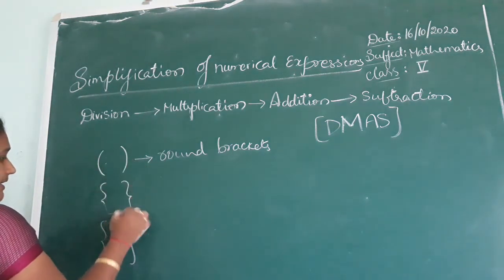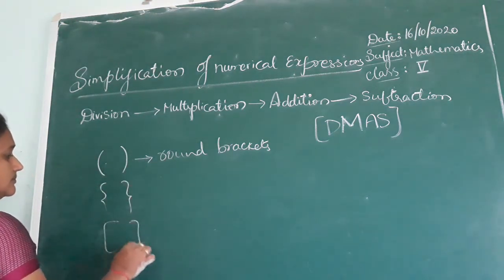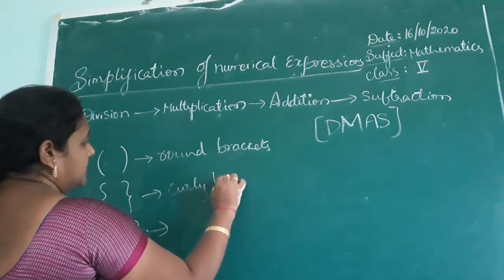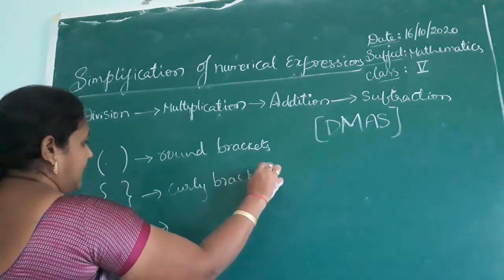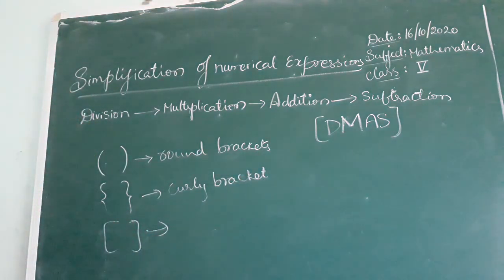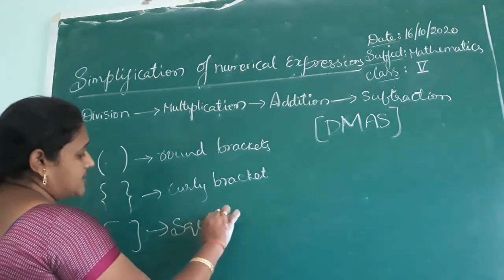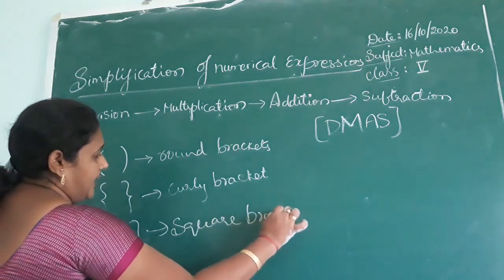Next one: curly bracket. Otherwise we call it a beard bracket or flower bracket. Next, this one is called a square bracket.